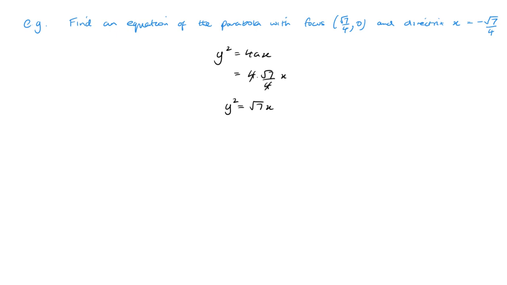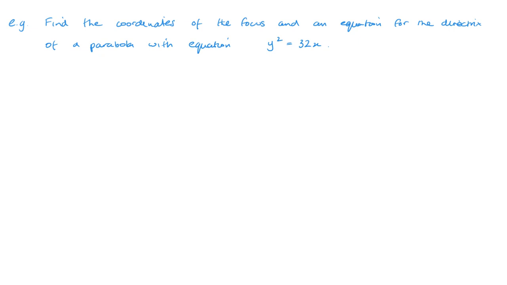Now let's have a quick look at going in the other direction. Okay, so this time we've got the equation of the parabola and we need to find the coordinates of the focus and the equation for the directrix. So again, I'll pop this equation up and then I'll pop the general equation up.